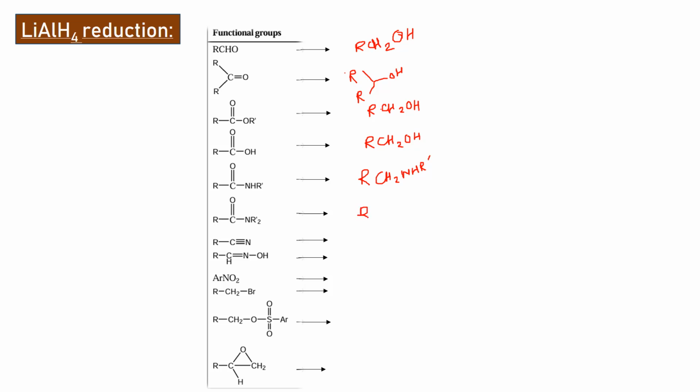Similarly, this one also. If you add LiAlH4 to oxime, that will also give a primary amine.